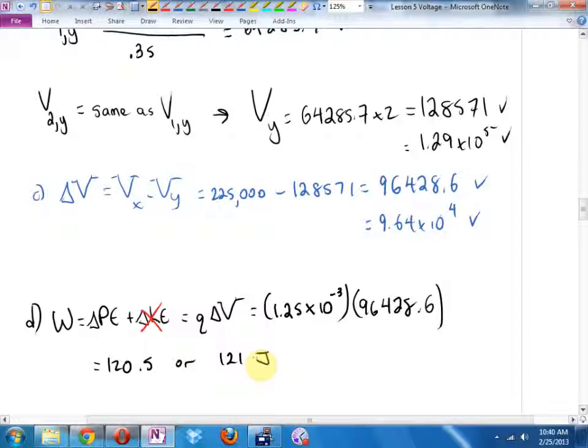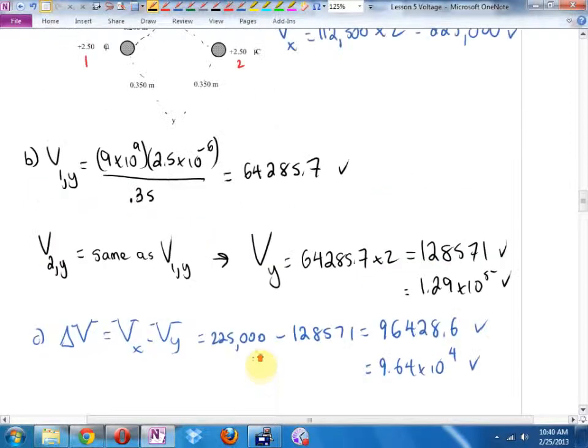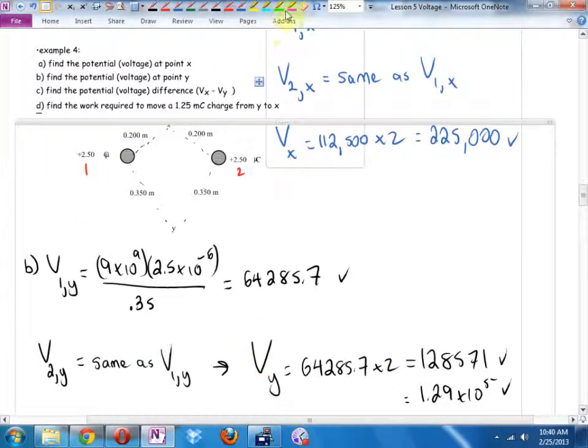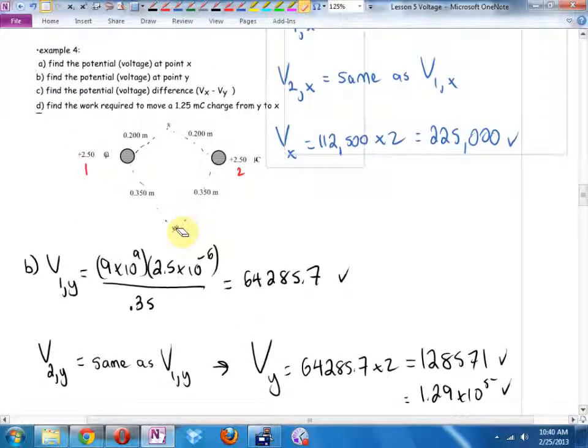What that is saying is, for me to move from here to here, I have to add energy. Well, of course I do, because it doesn't want to move towards these positives, so I would be adding energy up to right about there.